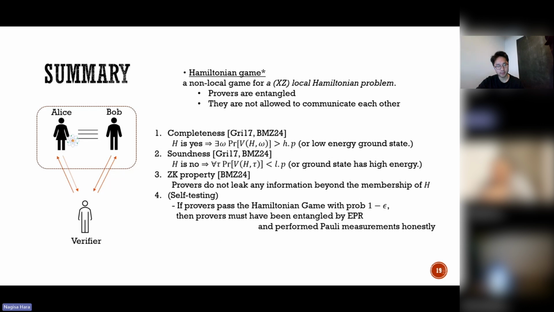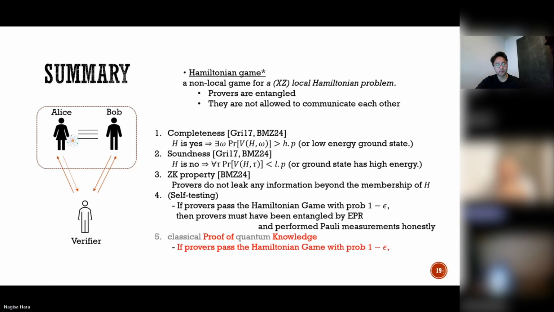Based on this self-testing, we show that this protocol also has a classical proof of quantum knowledge. First, classical means that this protocol uses classical communication, and second, quantum means that we consider the proof of knowledge for a quantum state. So that's why we say classical proof of quantum knowledge, basically proof of knowledge.